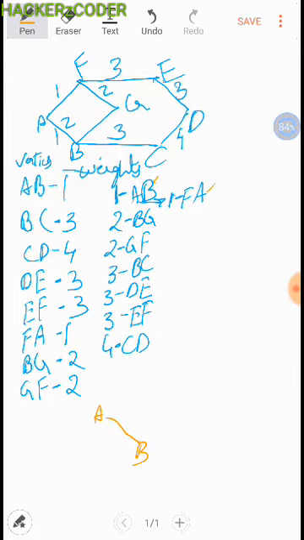I'll select BG. Next, after BG is over, I have FA also, so FA.